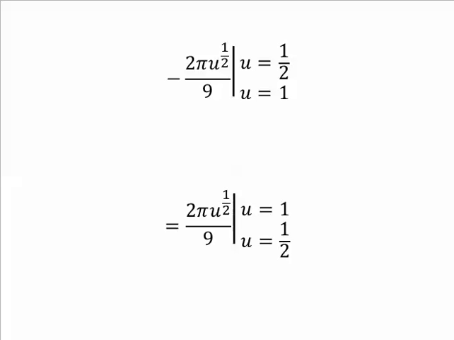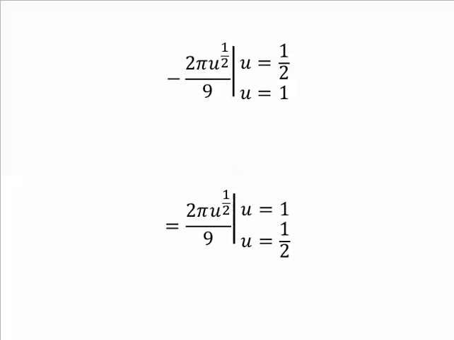There's something I'd like to do. I have a negative in front, and I don't like negatives in front before I evaluate. So sometimes what I do is I switch the bounds. Notice in the first line the bounds are going from 1 to 1/2 and the expression is negative.